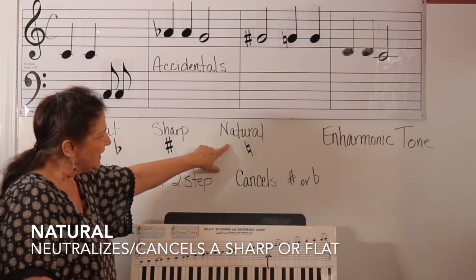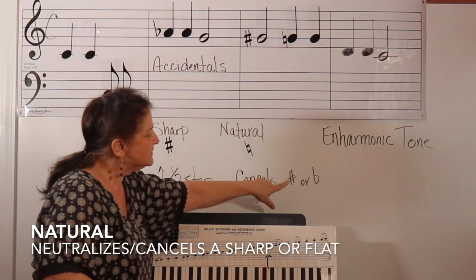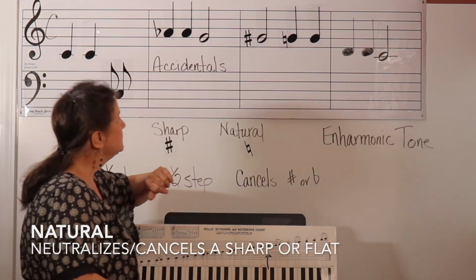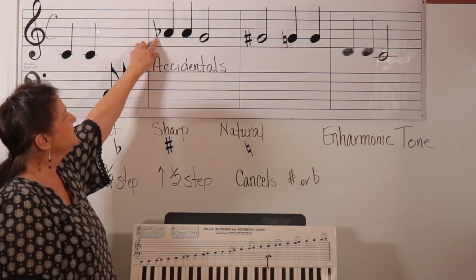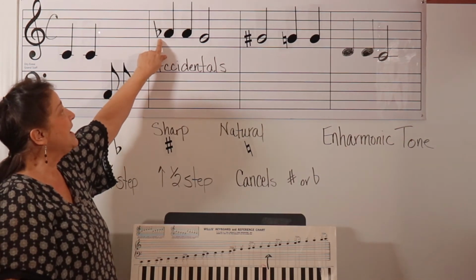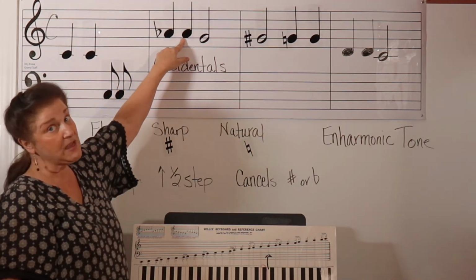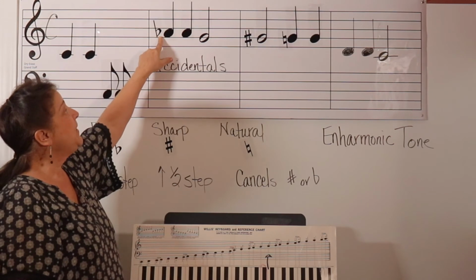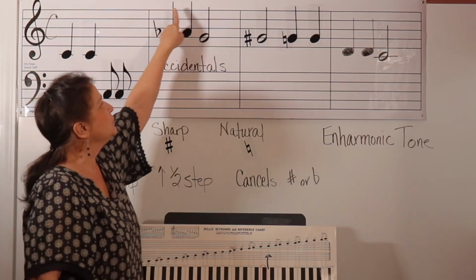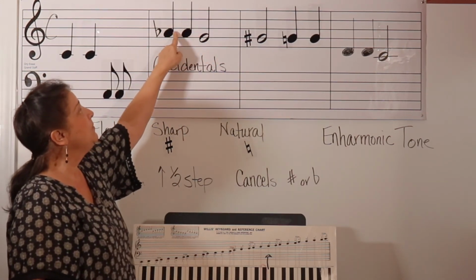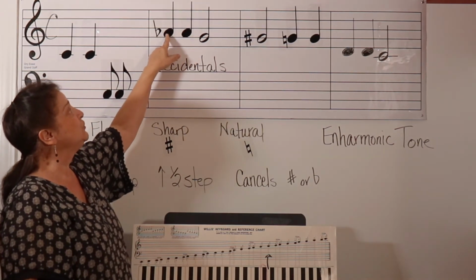The natural sign cancels the sharp or the flat. So here we played an A flat. Now, I didn't put another flat sign next to that note, but within that measure, any A's will be flatted. So I don't have to, it's assumed.